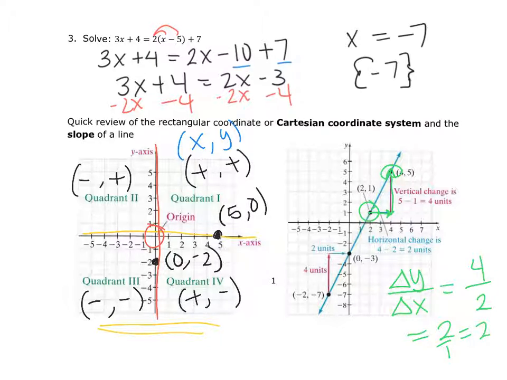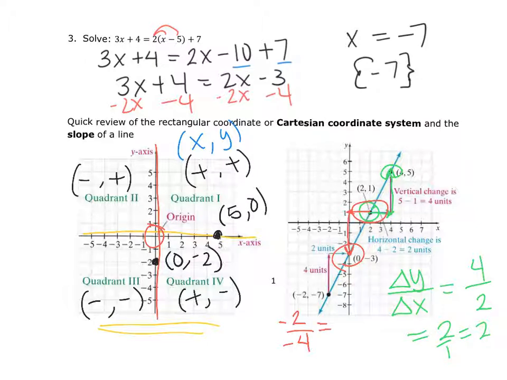If I decide to go the other way, from (2, 1) to (0, -3), I'm going to do the same thing. So I'm going to count to the left 2. In this case, I go left, so I go negative 2. And then I go down 4. And down is negative, so I go down 4.